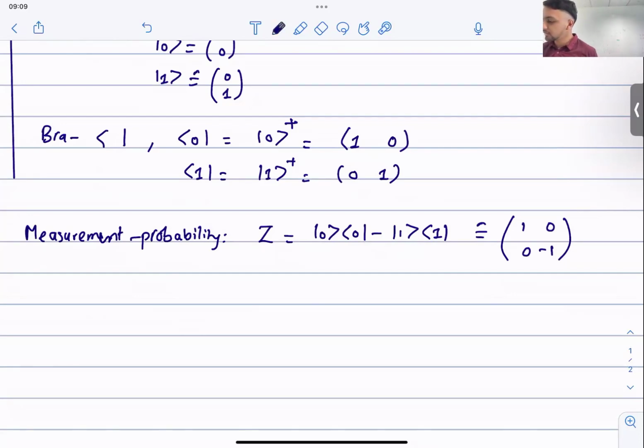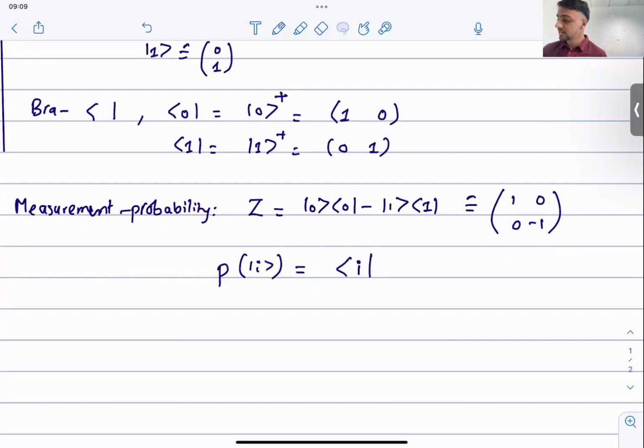So the probability of measuring the state 0 here. If you want to measure the probability, let me just write it in a general form. It depends on your final state.